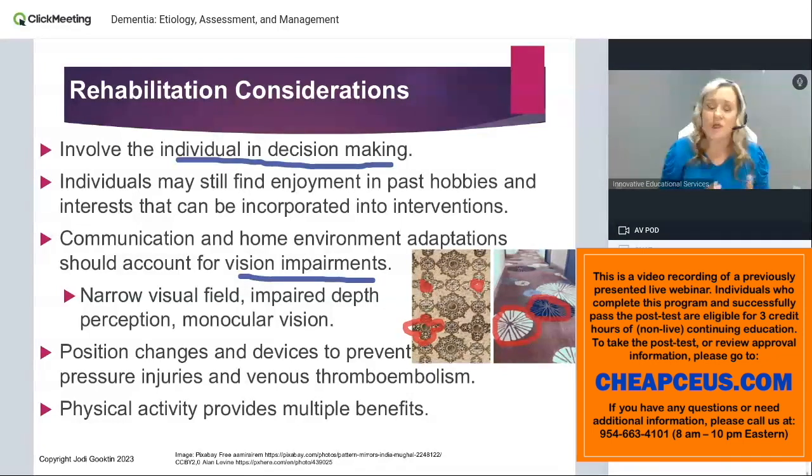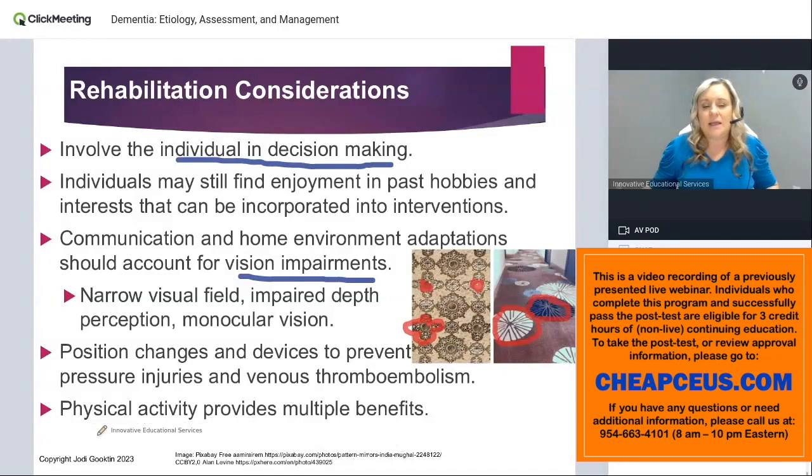So there are a lot of different brain areas that are impacted that we have to keep this in mind. Also, just for sitting on a chair, we need to look at that color contrast because that depth perception is off. Are they going to know how high or how low something is to control their sitting? So bear these things in mind for in the clinic as well as outside of the clinic.